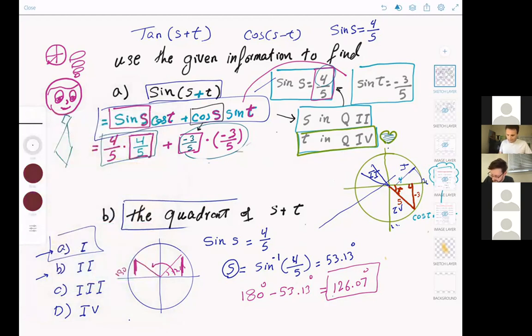So we have sine of t equal to -3/5. We don't have 3/5 on the unit circle, so we do the inverse. Then t will be sine inverse of -3/5. What do we get if you plug this into the calculator?